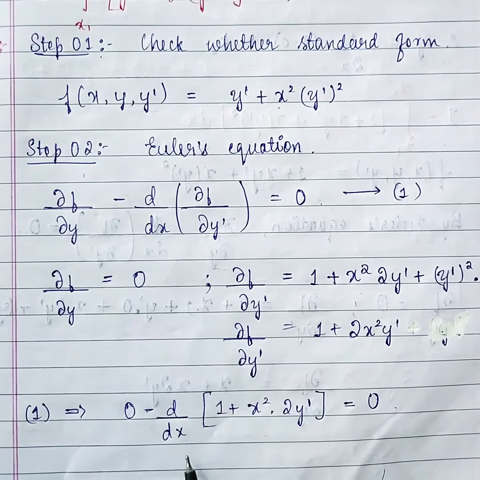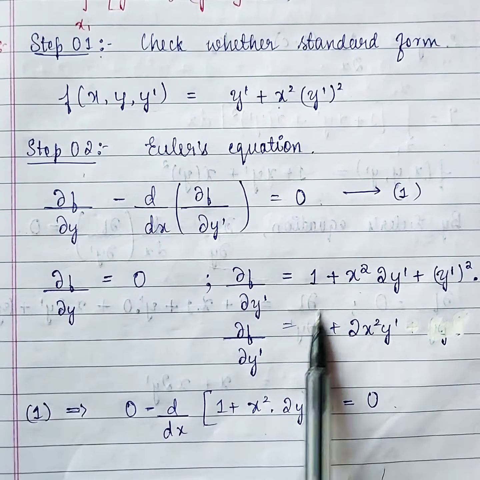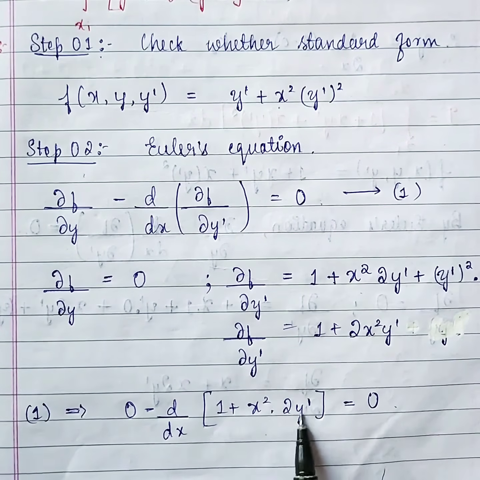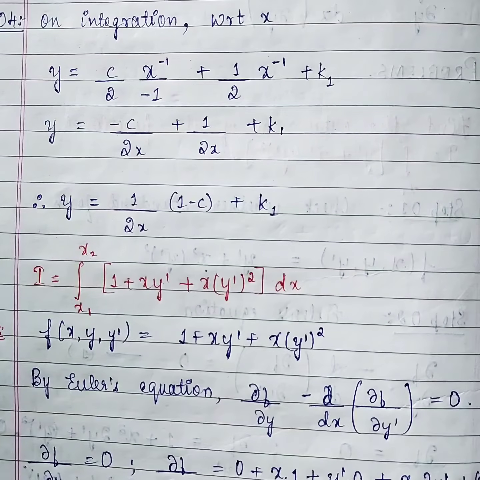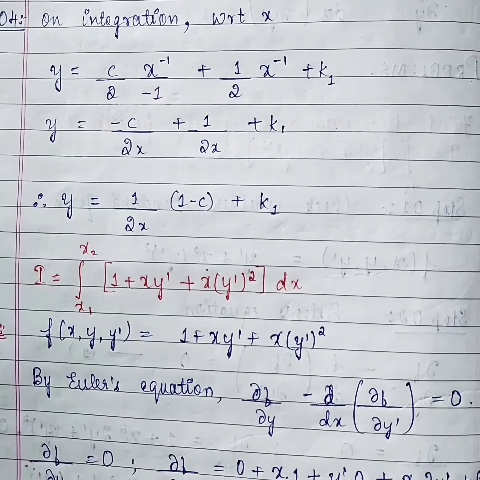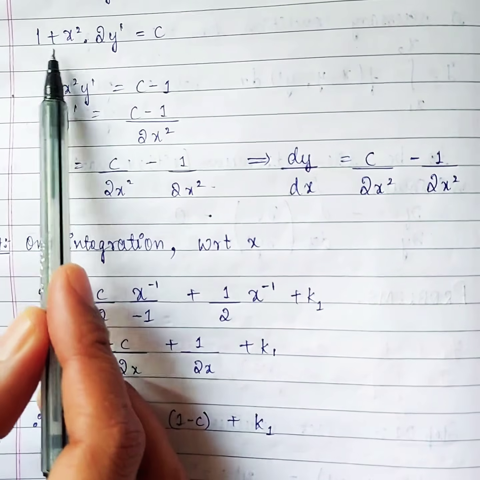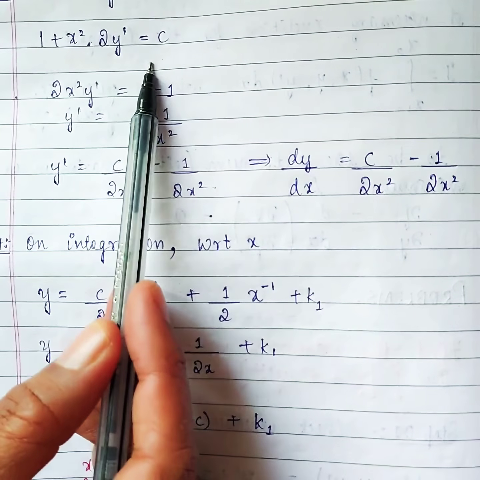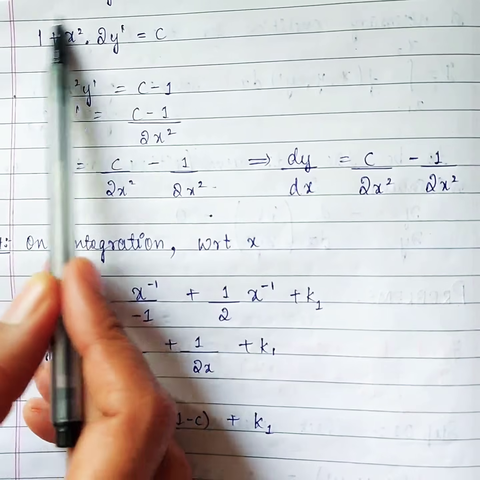Now I am going to substitute this in this equation: 0 minus d by dx of this term, 1 plus x square into 2y dash, is equal to 0. When I say the differentiation of something is 0, then that something should be a constant, correct? So we continue from here: 1 plus x square into 2y dash is just a constant, because the derivative of this in the previous step is 0.